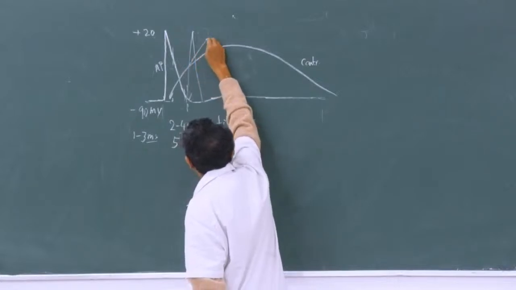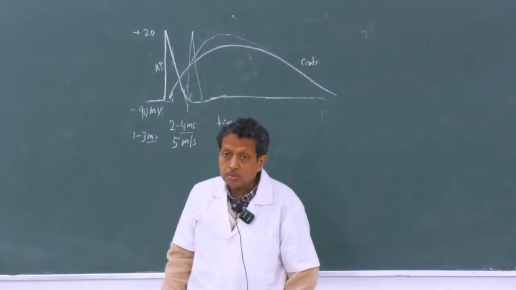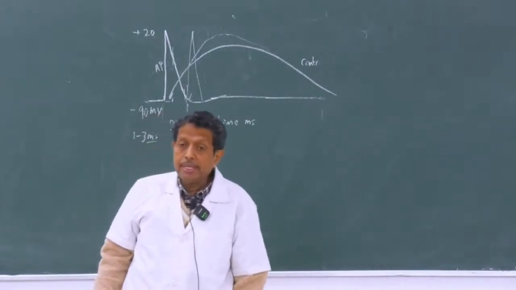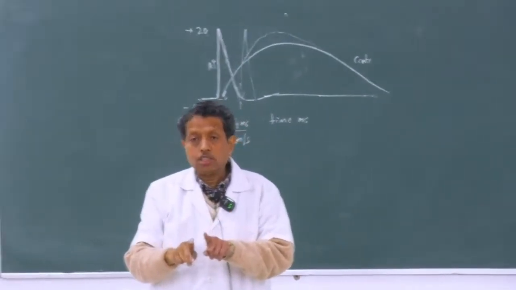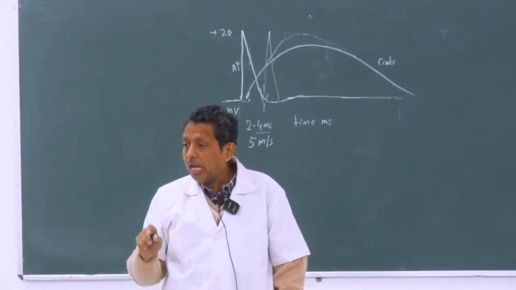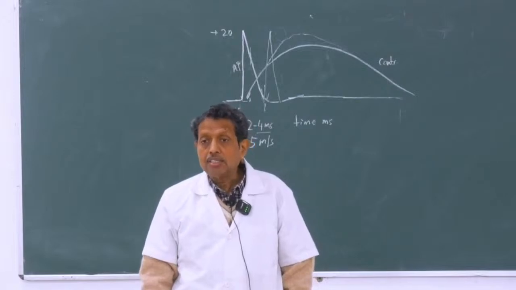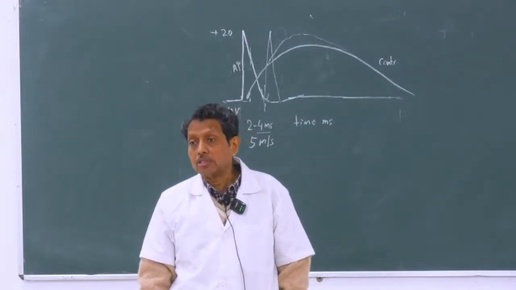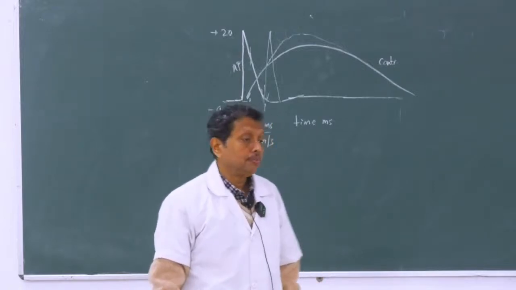So there is superimposition of these curves. Due to the second stimulus action potential, more calcium will be available, and so there will be an increase in the contraction, and it is called a summation of contraction or tetanus.